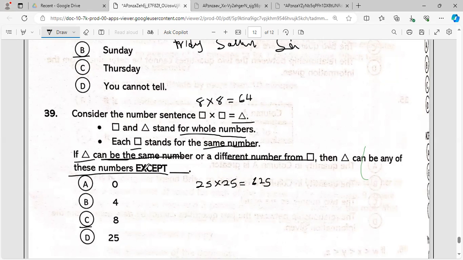And it says any of these numbers except... 4 fours is 16, and 0 times 0 is 0. 8 times 8 is 64, and 25 times 25 is 215, sir. It's actually 625. I'll put it right here.